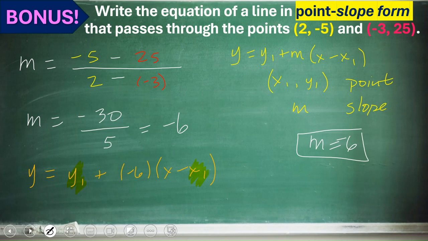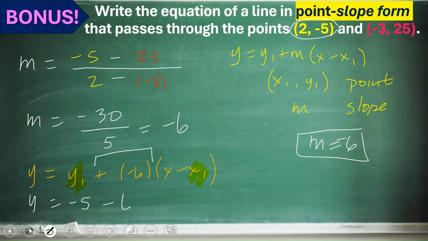It's that simple. So y equals, our only choice is to pick the point, and I tend to pick the points that have the smallest numbers. So I'm going to pick 2, -5. -5 is my y value in that coordinate, so that goes in for the y sub 1. So right there. Now, I'm also noting that plus -6, a plus a negative is a negative.